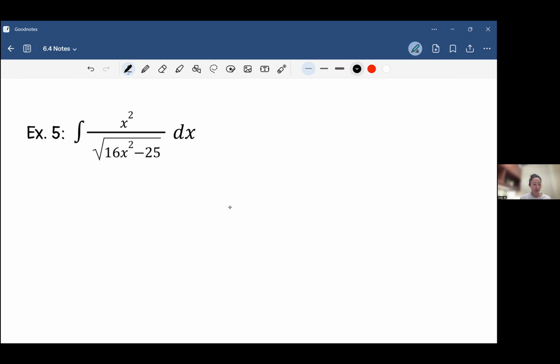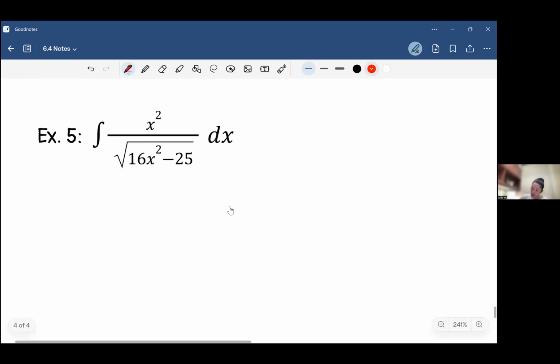And so sometimes what we have to do is take a little bit of a u substitution before we get to a formula at the back of the book.